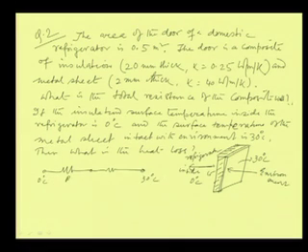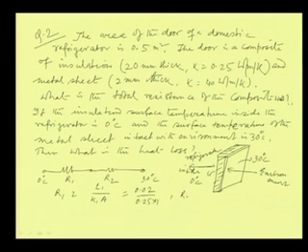If this is resistance R1 and this is resistance R2, R1 is L1 by K1 into area. L1 is 20 millimeter thick, 0.02 meter, and K1 is 0.25, into area 0.5.